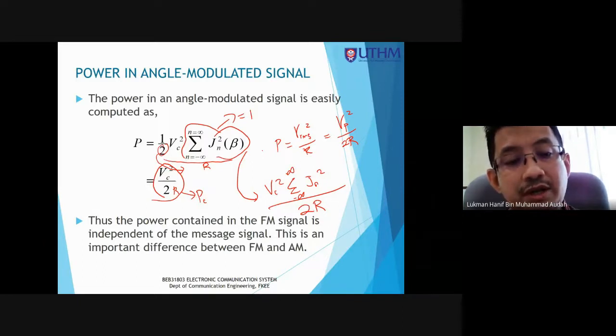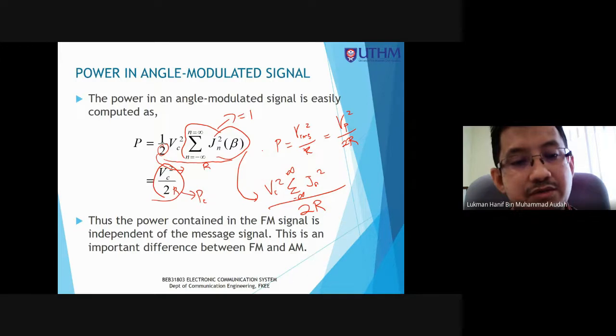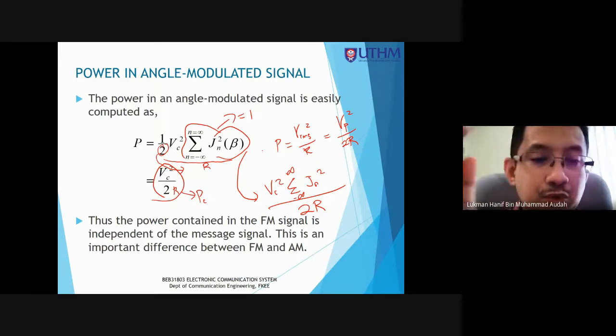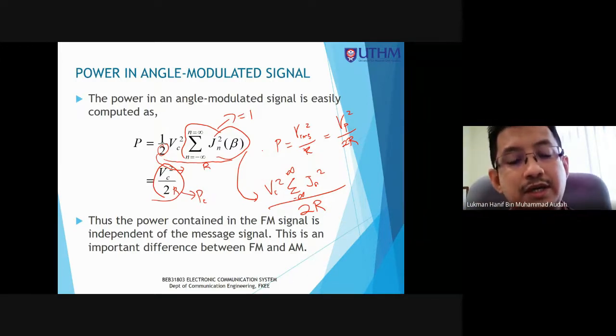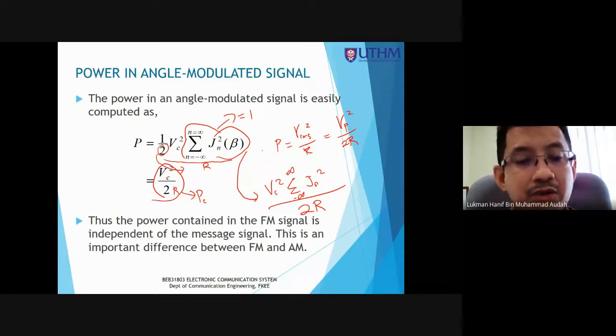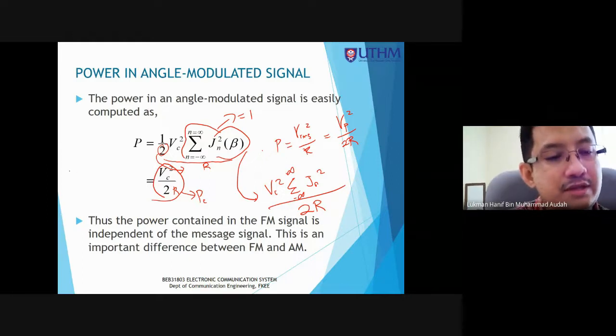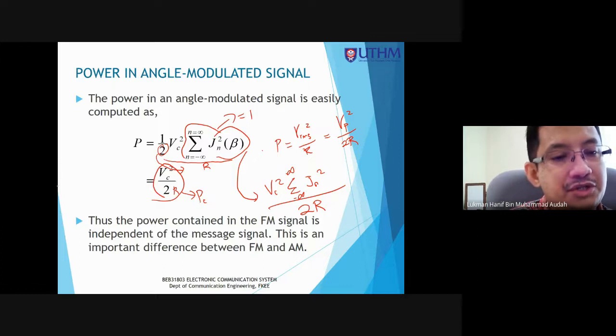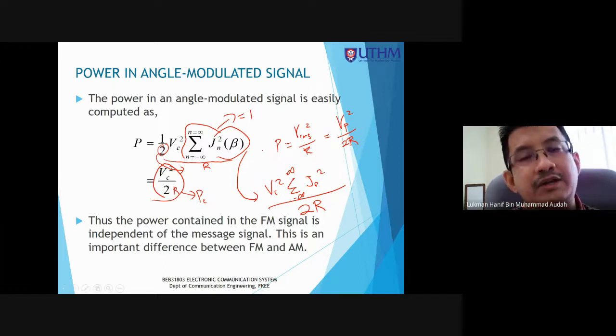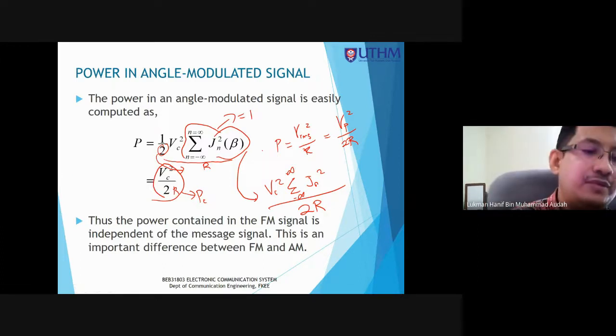Okay, so at the end you see that the total power is actually equal to the carrier power. So you might wonder, where does the total power come from? The total power in this example is actually the power supplied to the antenna. Dia sebenarnya adalah kalau kita lihat di bahagian transmitter.